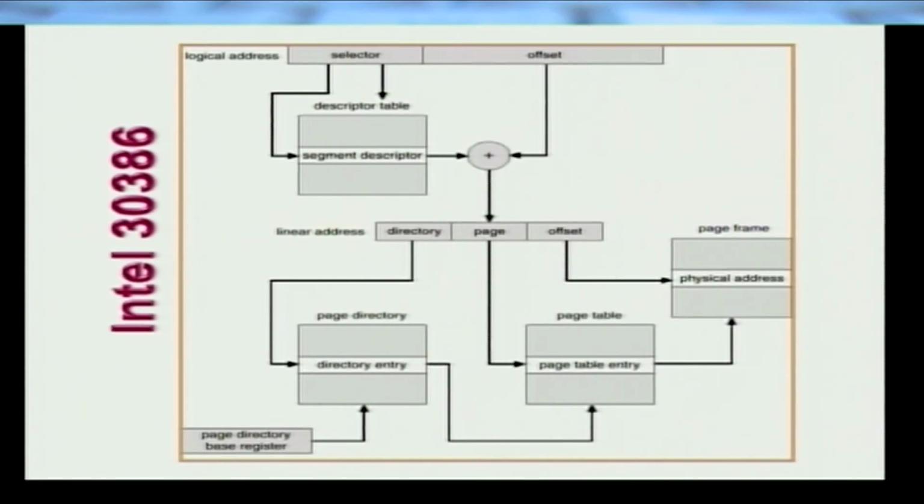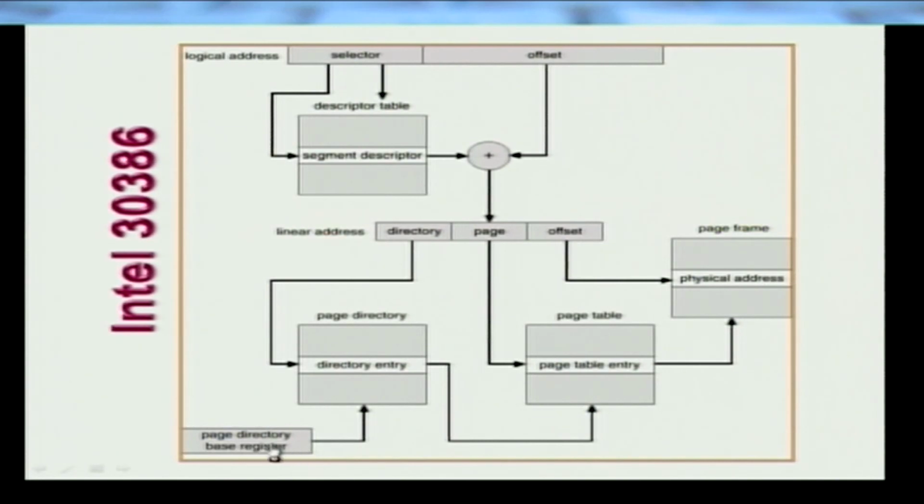Now, the address generated would contain 2 parts: other than the offset, there is another part called the directory part. This directory part is loaded and analyzed, and the corresponding directory entry in the page table is identified. The register which houses the base address of the page directory is called the page directory base register.